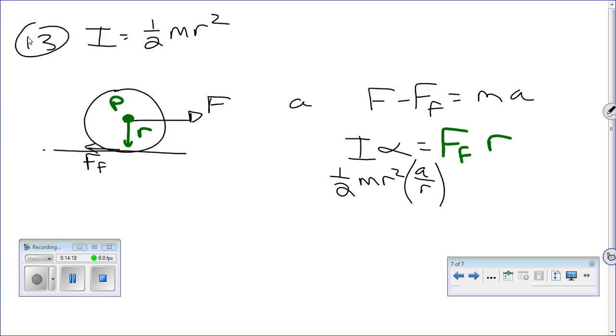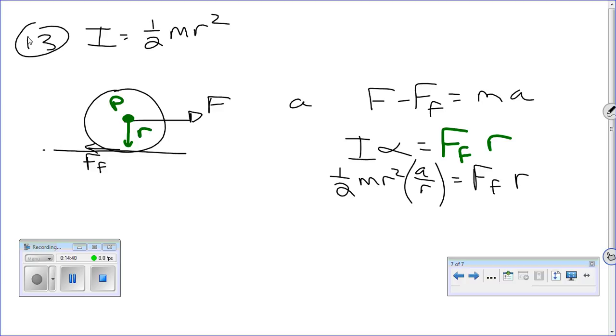Is A over R? Yes. Equals F_f times R, right? Oh yeah, cool. All right, so is everybody good with this? You guys back okay? Yeah.